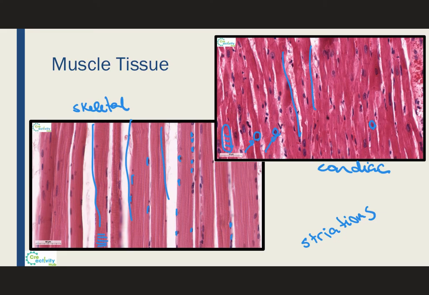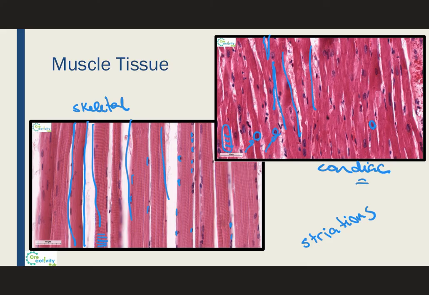Notice how the skeletal cells are long and run straight. In contrast, the cardiac cells split or branch. See how the cells split over here, for example? Therefore, we can say that the skeletal muscle cells do not branch, while the cardiac muscle cells do branch.